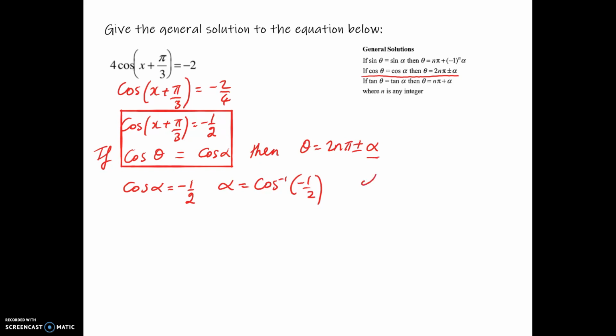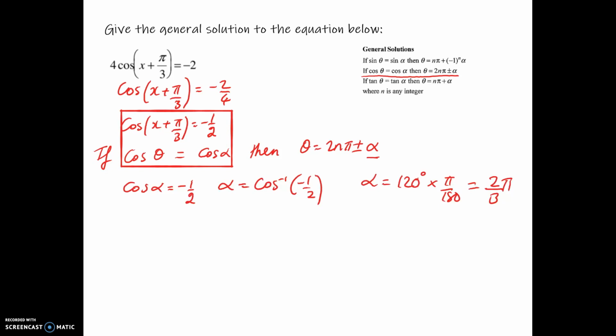In degree mode, I found that α is 120 degrees, but the question is in radians, so I can convert this by multiplying by π/180, which gives 2/3 π. So that's one way of getting exact values: work in degrees, but then change it into radians. So my α is 2/3 π.